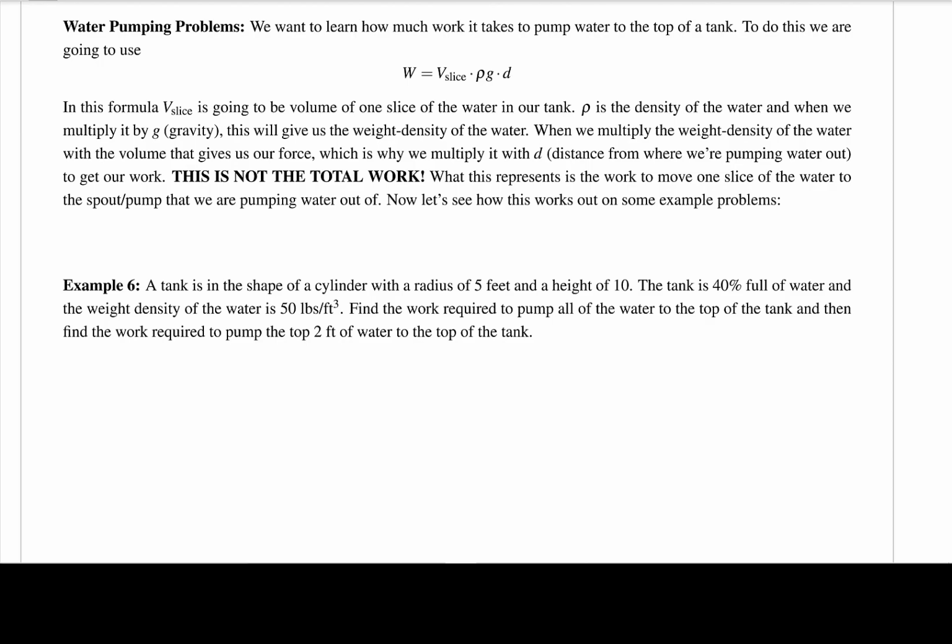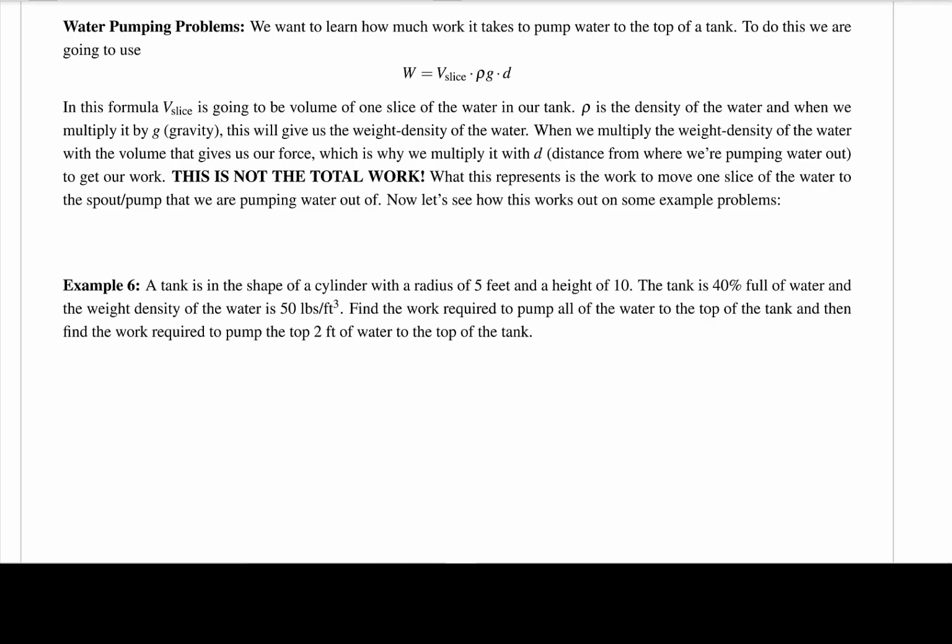To do this, we are going to evaluate each slice of water in the tank, kind of like in the past when we did volumes of solids of revolution. We evaluated slices of the solid and then added them all together by using our infinite sum, which turned into an integral. Well, here we're going to have the same idea.